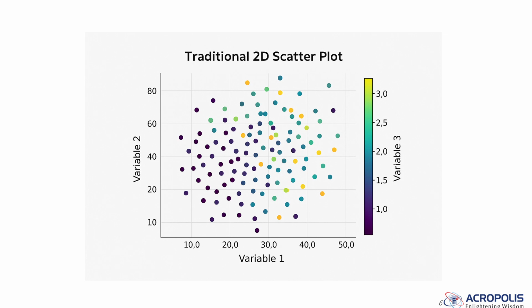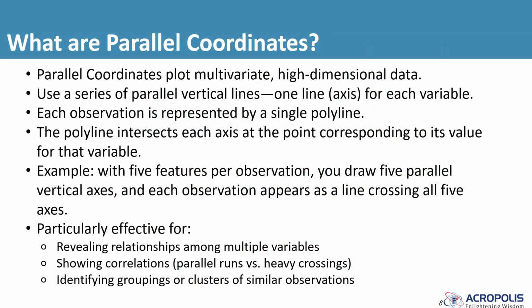This is a traditional 2D scatter plot. What are parallel coordinates? In 2D graphs, we use x and y axes. In a 3D graph, we add the z axis. But what if we are working on a data set that has 20, 50, or even 100 dimensions?